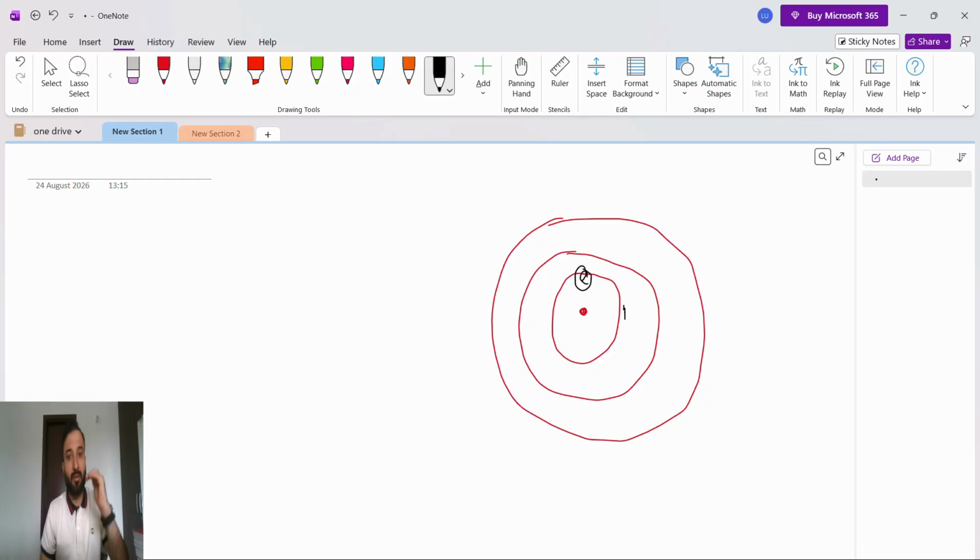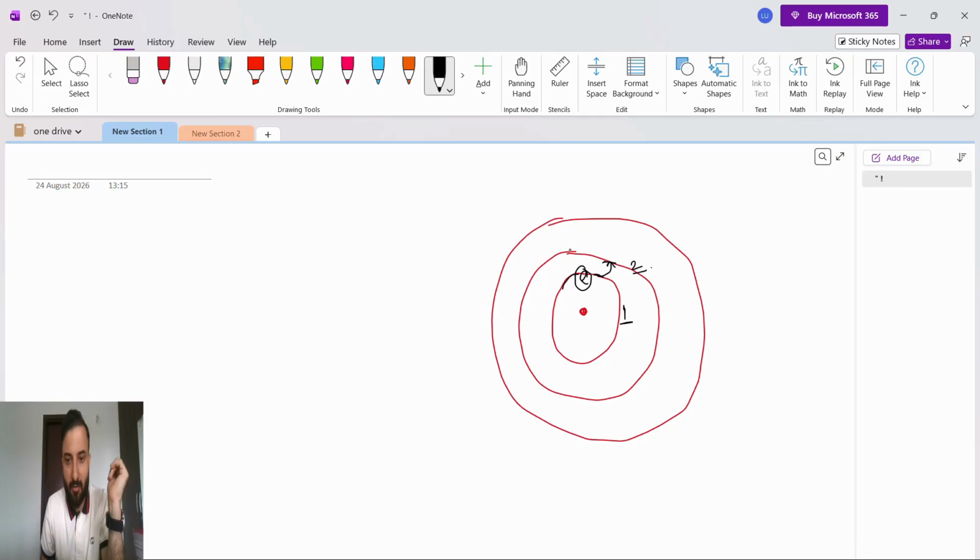If an electron wants to jump from the first orbit to the second orbit, what is happening? The first orbit is the lower orbit, so it will have lower energy, and this is the second orbit. The second orbit means a higher orbit, so it will have higher energy. So when an electron jumps from lower energy to higher energy, what will happen? The electron will gain energy and then it will jump from lower to higher.